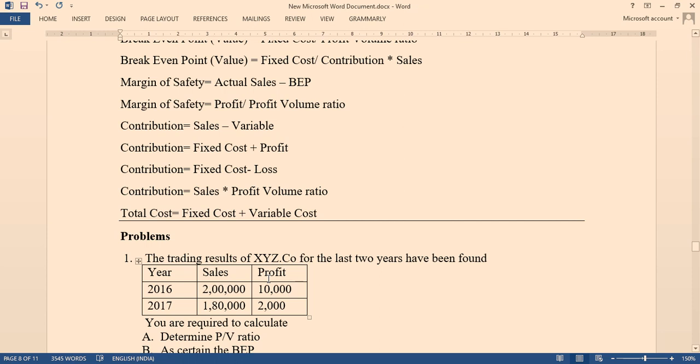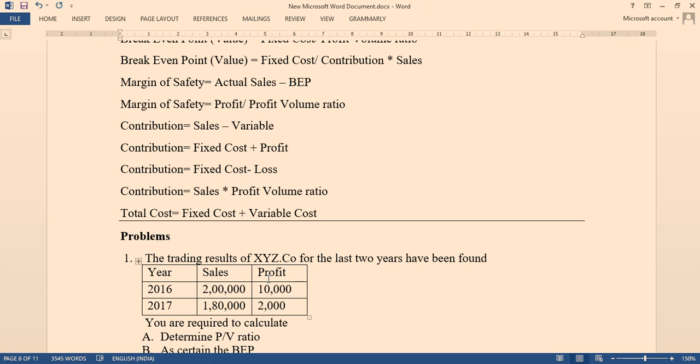Now let me try to read the question. The question is very simple. The trading results of XYZ company for the last 2 years have been given. We have three columns: year, sales, and profit. In 2016, 2 lakh is the sales, 10,000 is the profit.